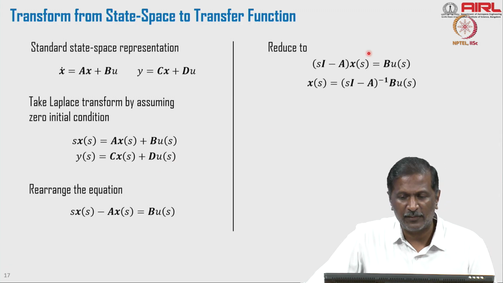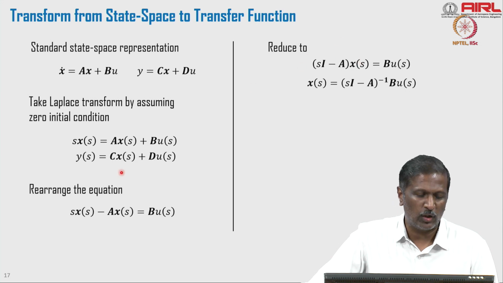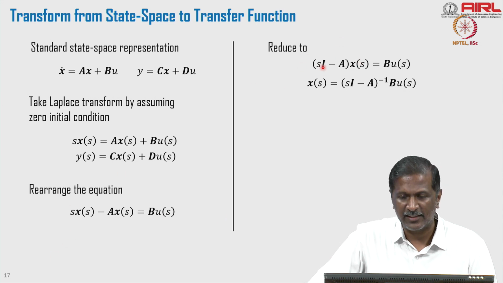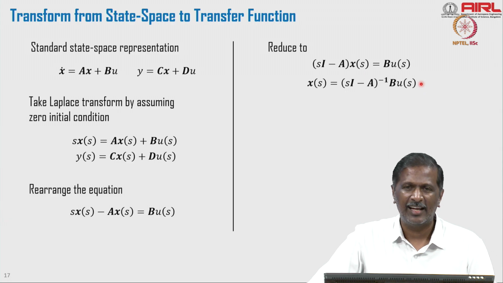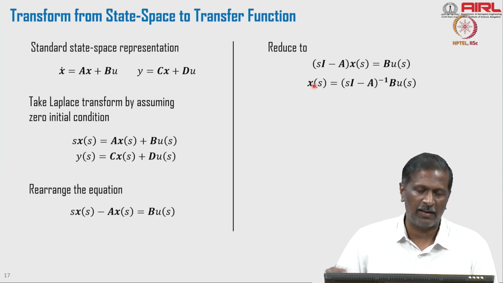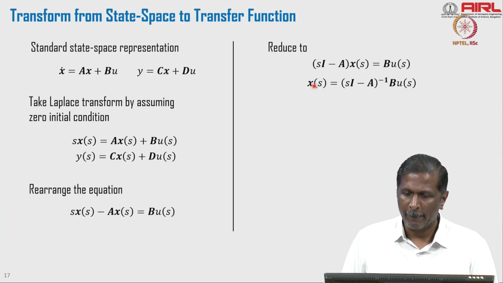Then I can take X(s) out, s is a constant Laplace operator, so (sI minus A) X(s) equals BU(s), where I is the identity matrix. Then I multiply both sides of the equation with the inverse of (sI minus A), and (sI minus A) inverse times (sI minus A) will become identity, that is where you will have X(s) alone.